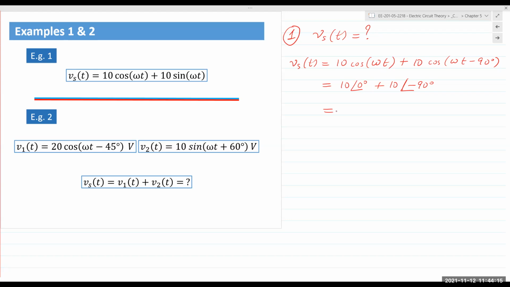So final answer should be in polar coordinates. We need the magnitude and we need the phase. What do you have? What do you all have?